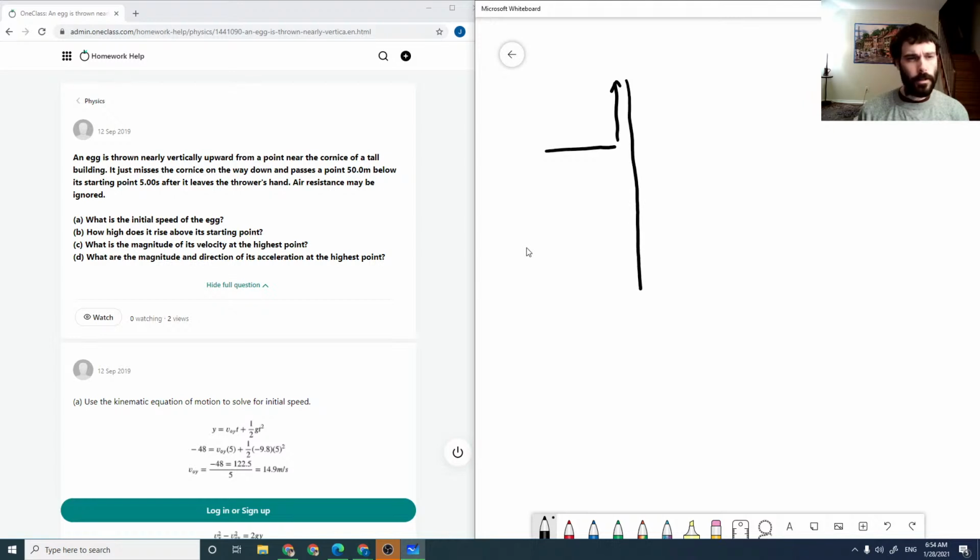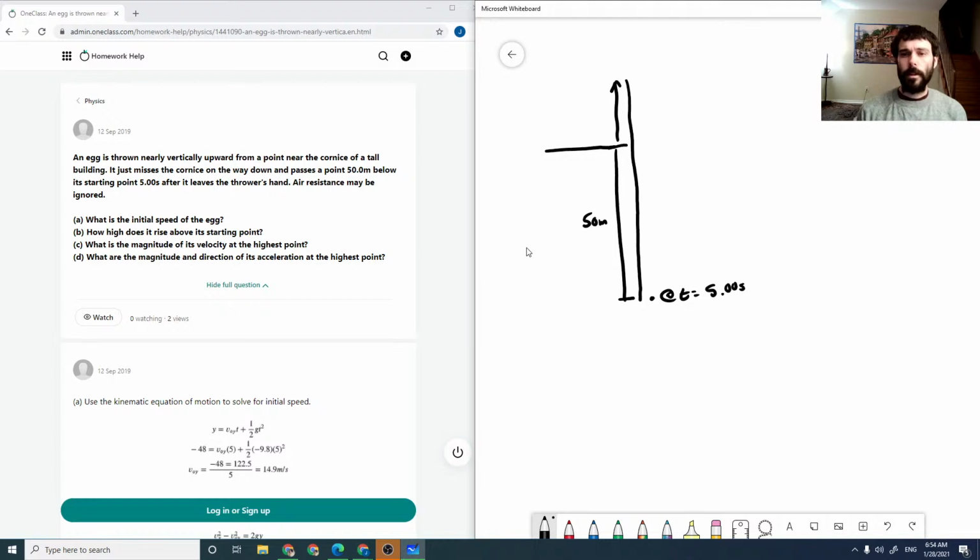And so it says it passes a point 50 meters below its starting point five seconds after it leaves the thrower's hand. So it goes up and then comes back down. And so it reaches this point at t equals 5 seconds.